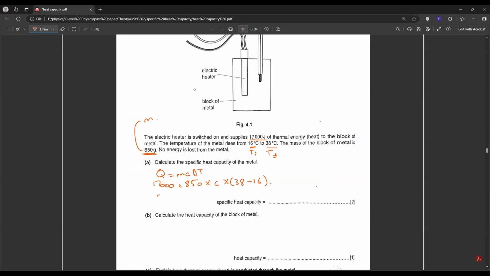What does your c come out to be? 17,000 divided by 850 into 38 minus 16. This comes out to be 0.909 joules per gram degree centigrade, which is your specific heat capacity.